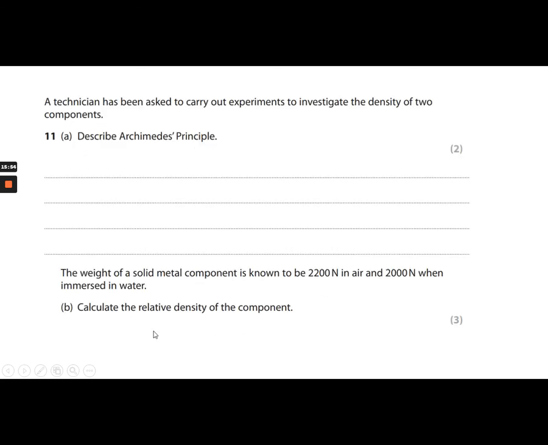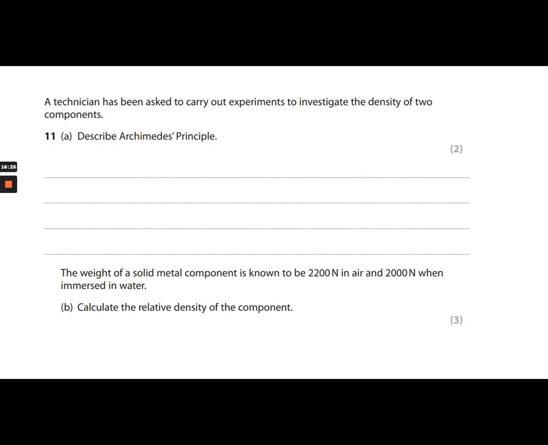So, if the object is 2,200 newtons, and then it's 2,000 newtons when immersed in water, then the common error would be to do 2,200 divided by 2,000. We don't do that. It would be the weight of the object divided by its loss in weight. So the relative density there will be 2,200 divided by 200. That's how much it appears to have lost in weight.